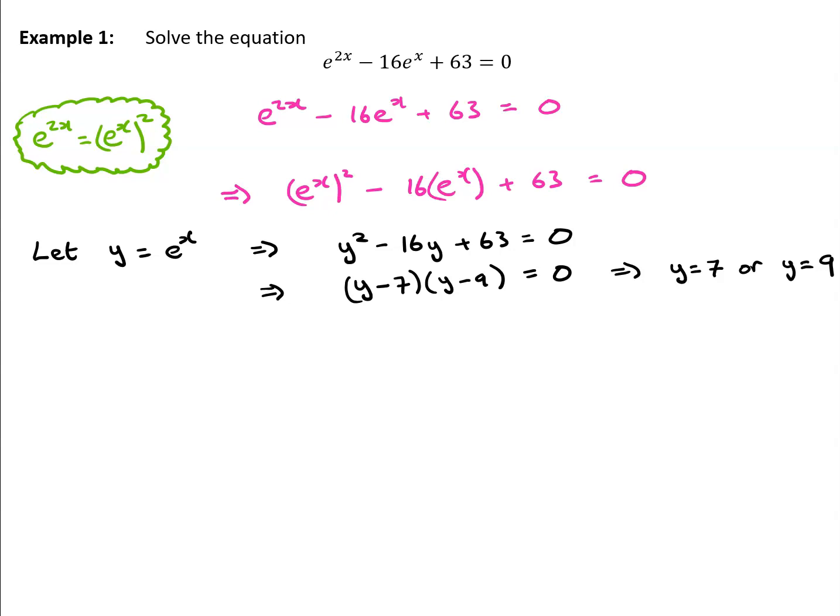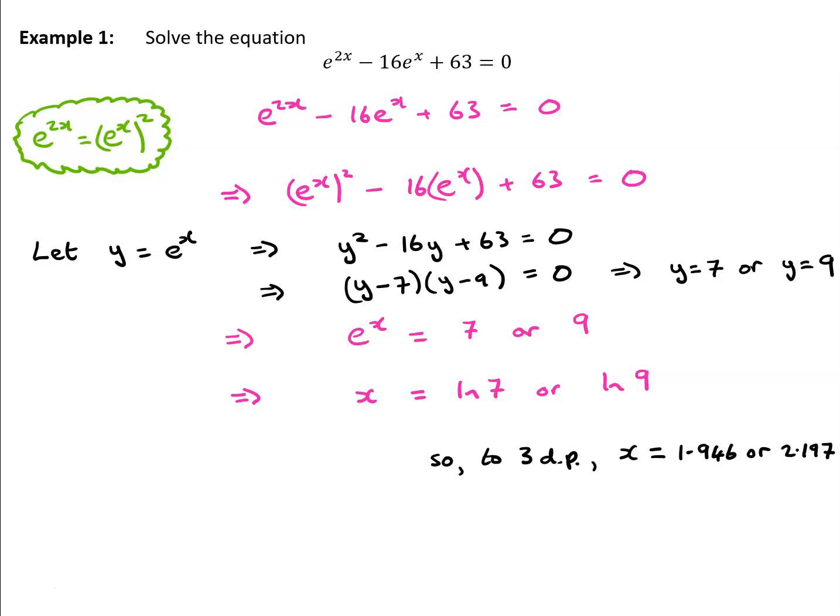So the value of e^x is either 7 or 9. Taking natural logarithms of each side tells me that x is either ln 7 or ln 9, or to 3 decimal places, x is 1.946 or 2.197.